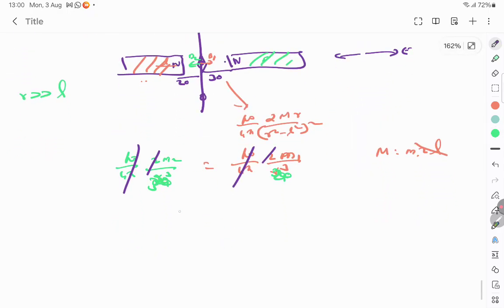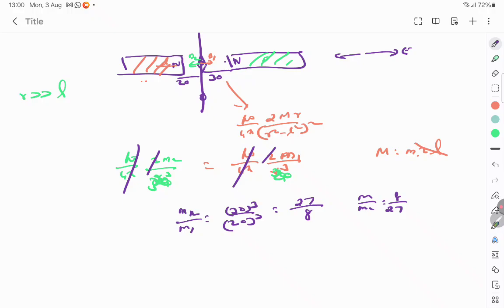Thus you can find the ratio m2 by m1 is 30 cube by 20 cube. So this is 8 by 27. 3 3s are 9, the zeros get cancelled. 3 3s are 9, 3 is 27, 2 2s are 4, 4 2s are 8. So m1 by m2 is in the ratio 8 is to 27.